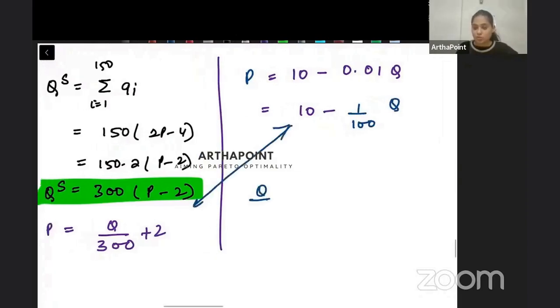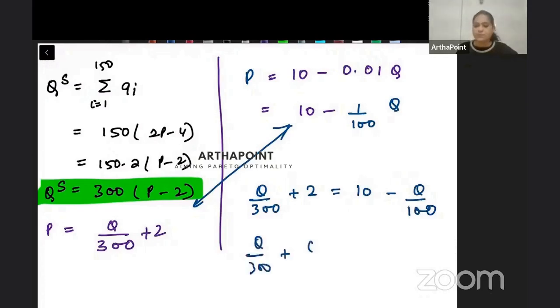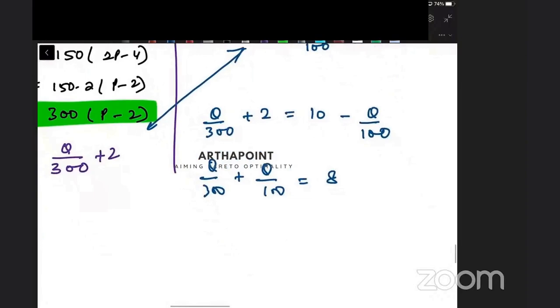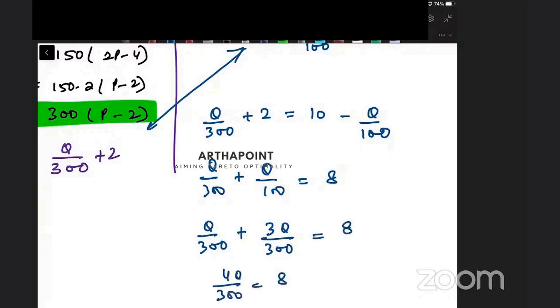So you will get Q by 300 plus 2 is equal to 10 minus Q by 100. So Q by 300 plus Q by 100 is equal to 8. And if you solve this, you will get Q by 300 plus 3Q by 300 equal to 8. 4Q by 300 equal to 8.